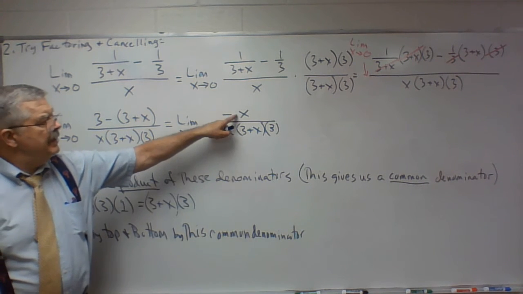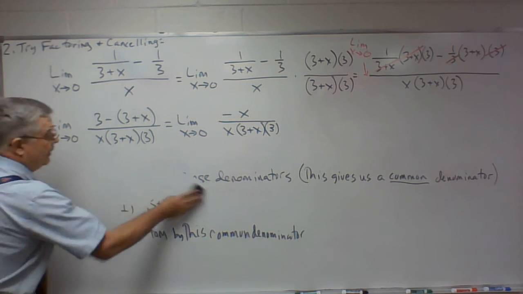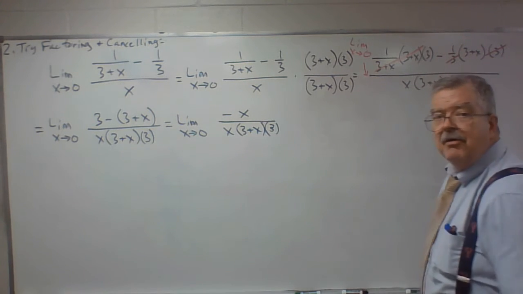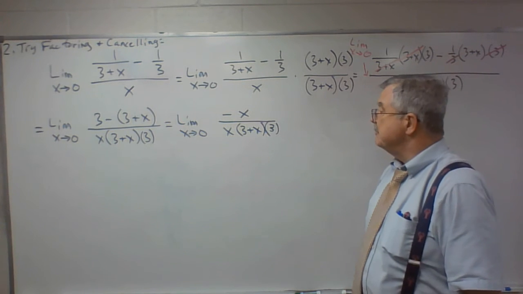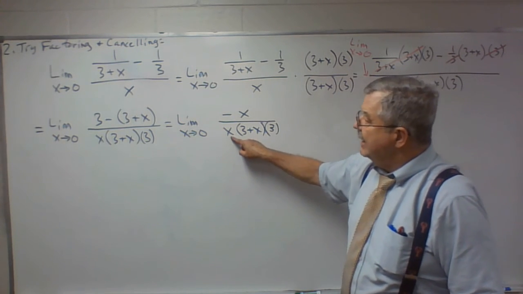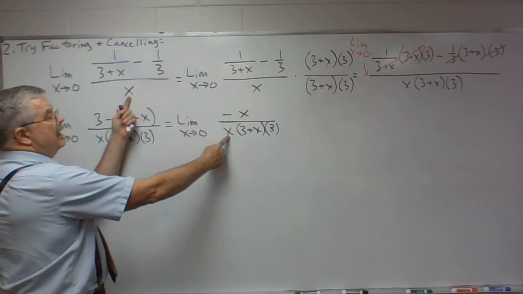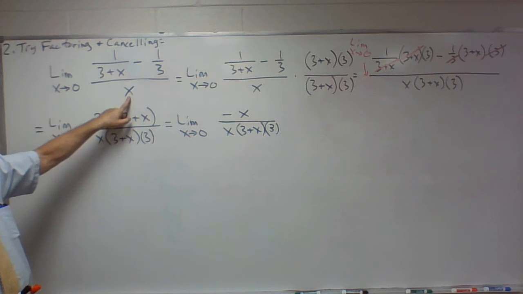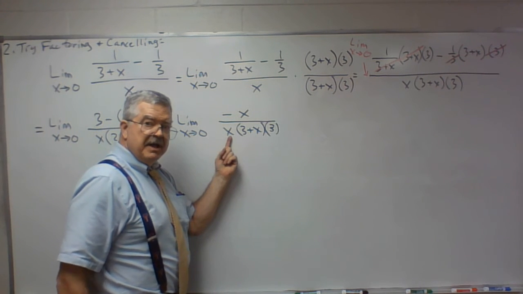We can do some more canceling. And this is good. And I'll tell you why. Remember when we plugged in 0 for x to compute the limit? This was the factor on the bottom that caused us to get division by 0. So this is the factor that we want to cancel. And son of a gun, we got x in the denominator.